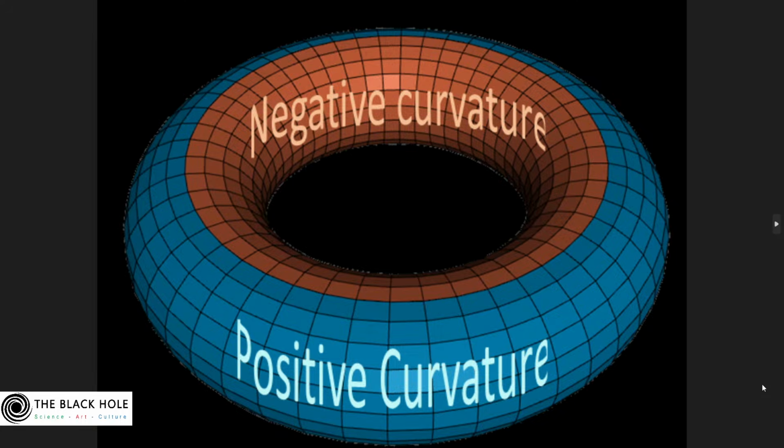On the other hand, in the negative curvature, if you travel around the toroid, then it has positive curvature. But if you travel from the inside outwards, then it has negative curvature. Their product, kappa 1 times kappa 2, is negative.